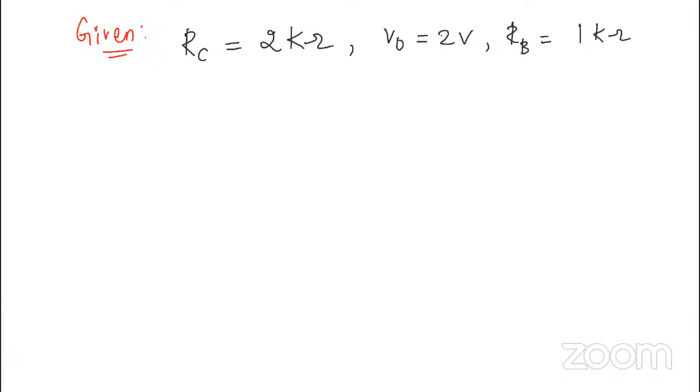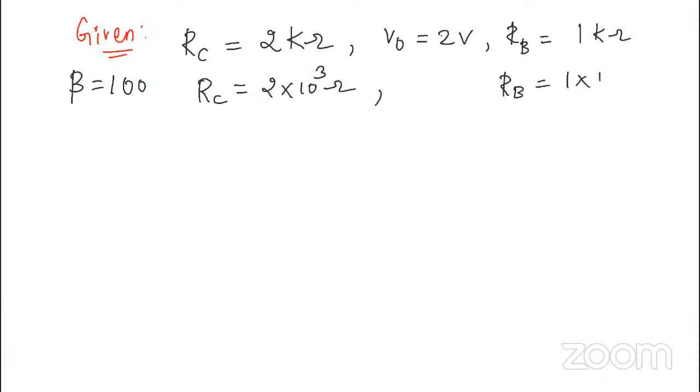Then beta value is equal to 100. Okay, இதெல்லாம் கொடுத்தாச்சு. So kilo ohms, we have to convert it into ohms. We just multiply by 10 power 3. So here RC is equal to 2 into 10 power of 3 ohms. Similarly RB is equal to 1 into 10 power of 3 ohms.